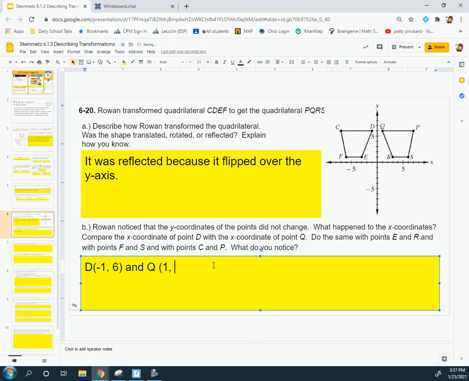Okay, and if we compare E and R, E is at negative 3, 1 and R is at 3, 1. So we can say that the x coordinate became its opposite.